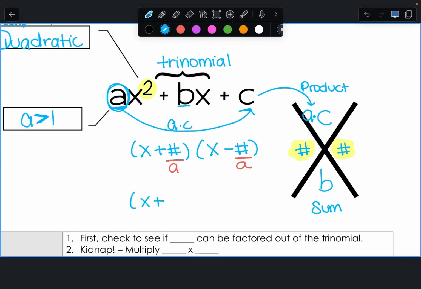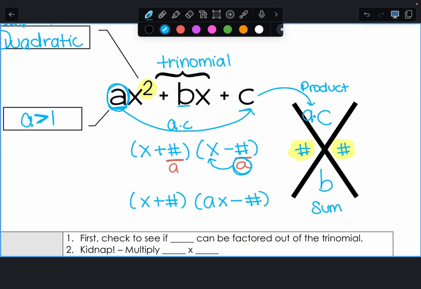Sometimes it'll simplify, so you'll have x plus a number. Sometimes it does not simplify, so you're going to have to do what we call bottoms up, where you put that A in front of x. It looks more complicated than it actually is. It's just complicated because you see it with variables.